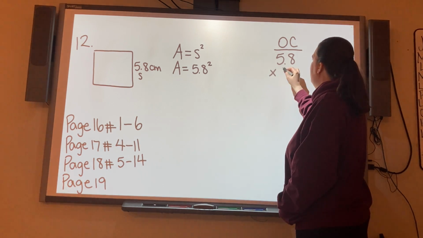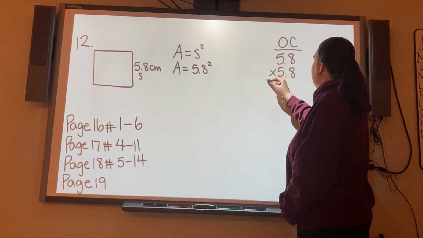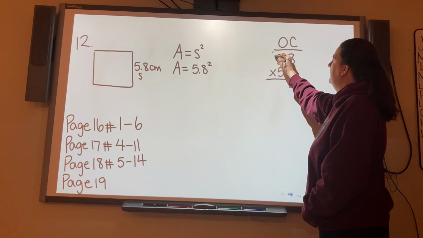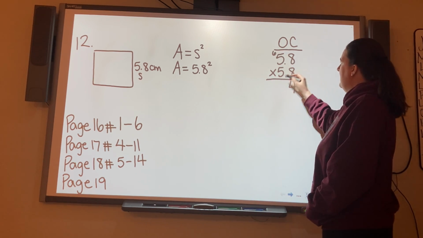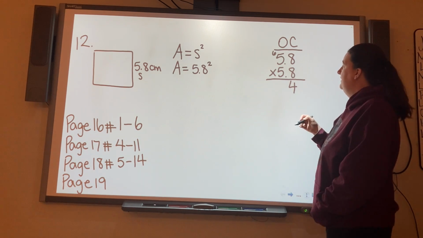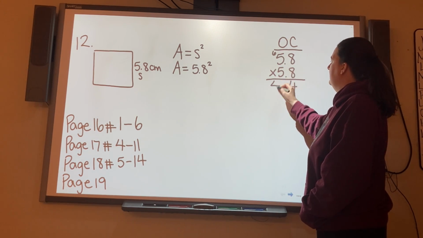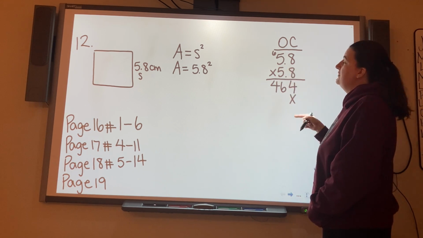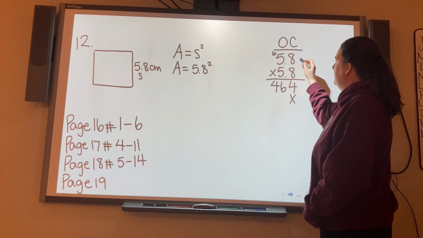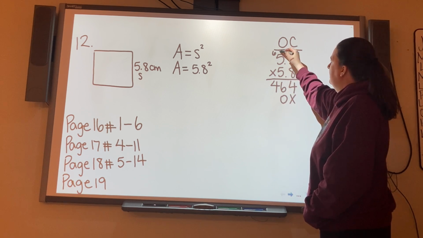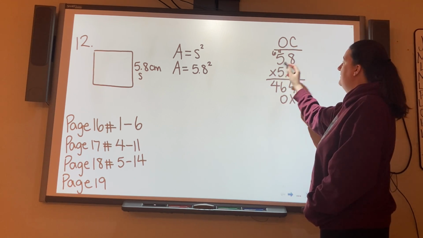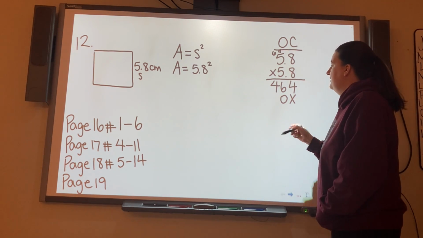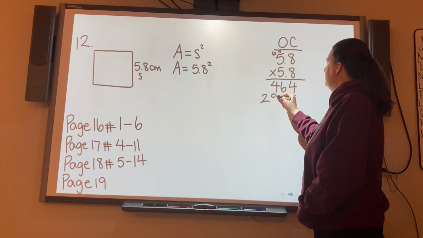5.8 times 5.8. 8 times 8 is 64. Carry your 6. 8 times 5 is 40. Plus the 6 that you carried is 46. You put your X and you move to the 5. 5 times 8 is 40. Carry your 4. 5 times 5 is 25. Plus the 4 that you carried is 29.